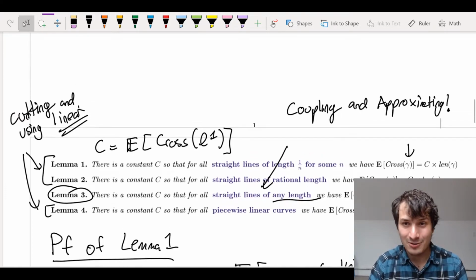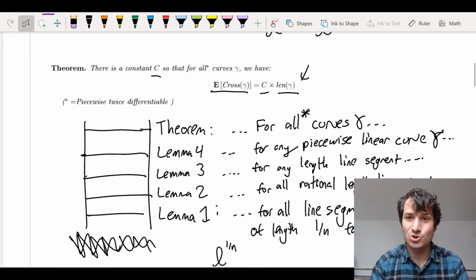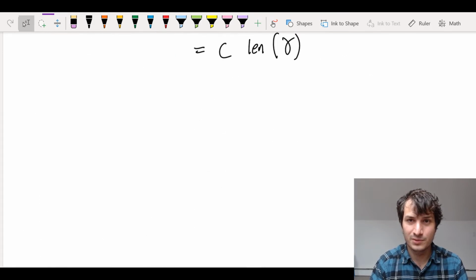Okay, so now I think we're ready for the main theorem. So the main theorem says that it's true for all curves. So let's do the proof of the theorem.